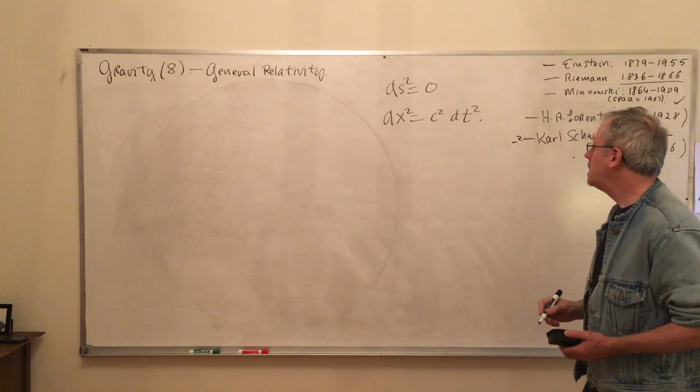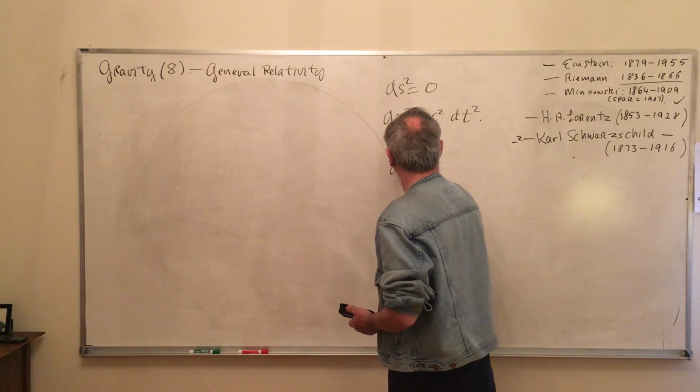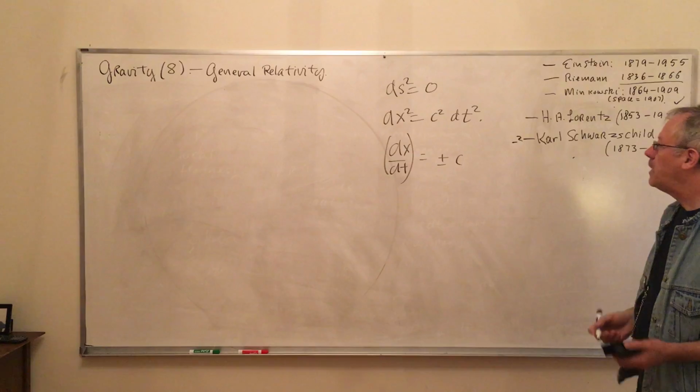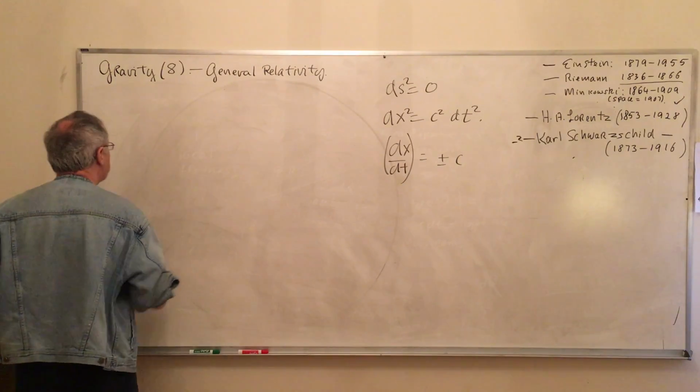And dx squared is c squared dt squared. And objects travel at the speed of light.